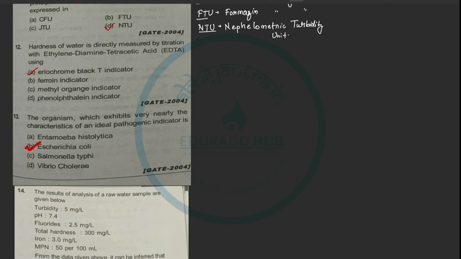Because there are other options: Entamoeba histolytica, Salmonella typhi, Vibrio cholerae, but these options are not viable because Escherichia coli is the ideal pathogenic indicator used for bacterial analysis of water.